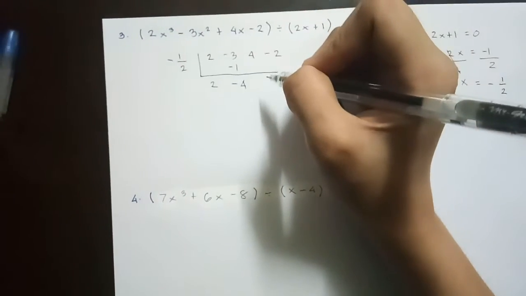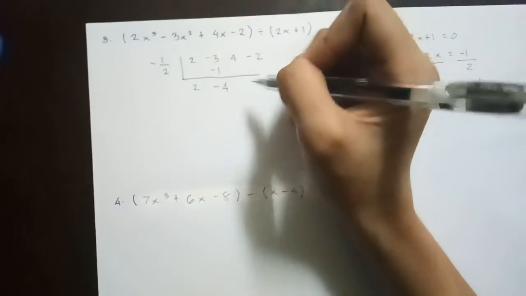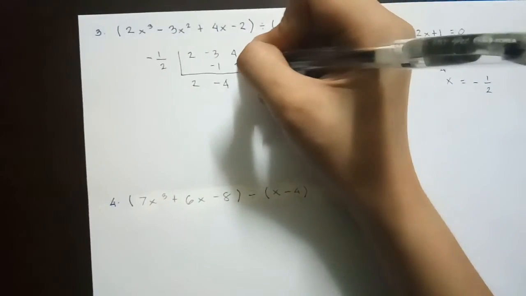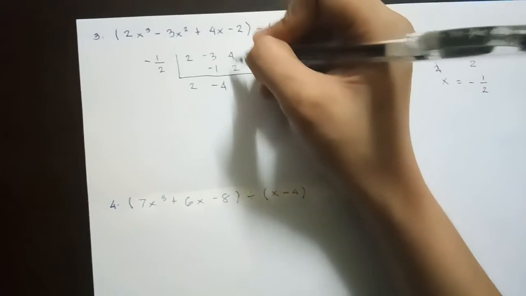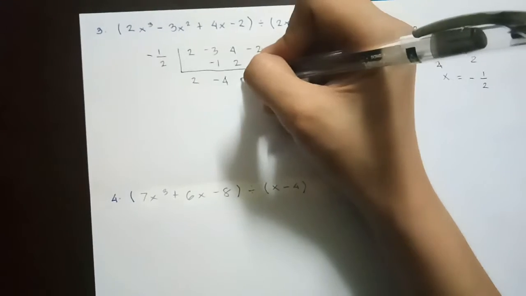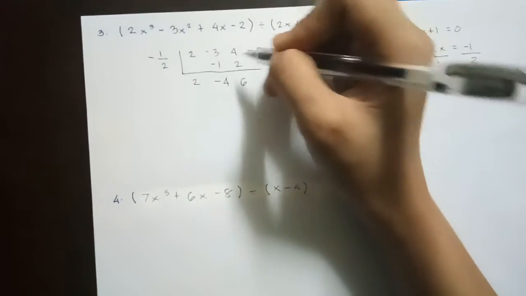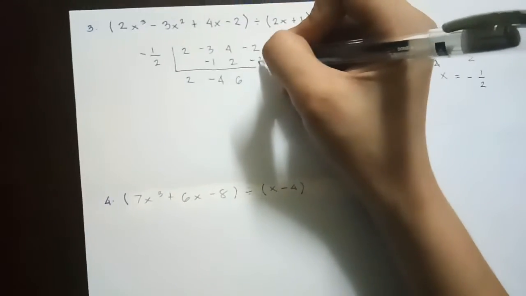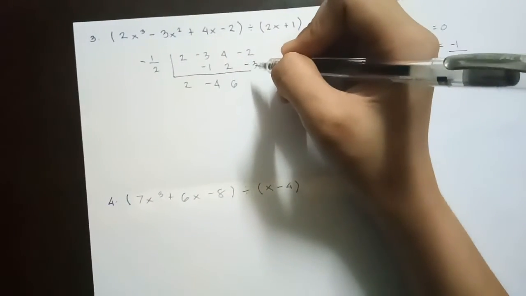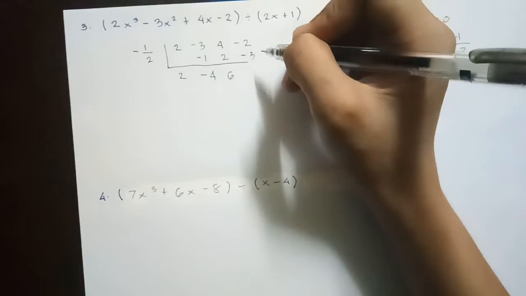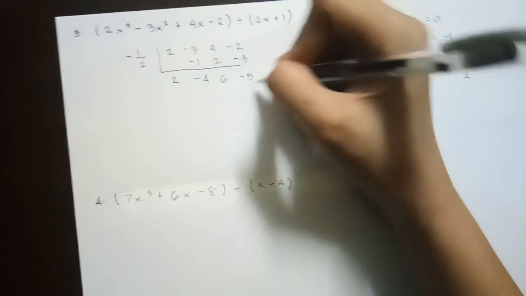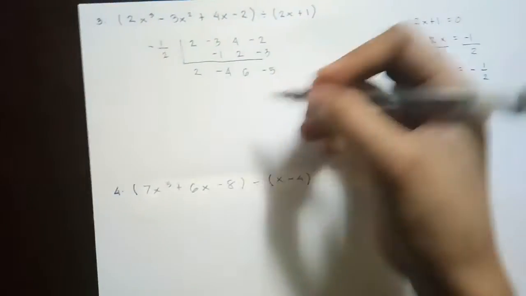Negative 4 times negative 1/2 is equal to 2. 4 plus 2 is 6. And 6 times negative 1/2 is equal to negative 3. And negative 2 plus negative 3 is equal to negative 5. Again, this would become our remainder.